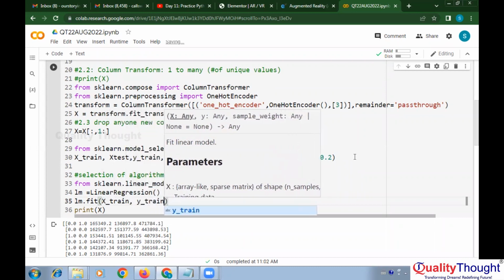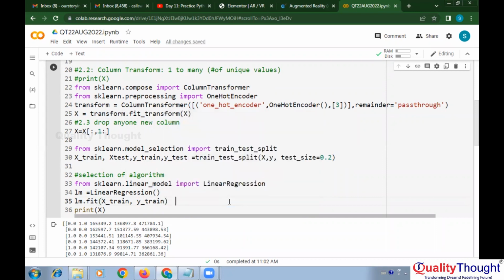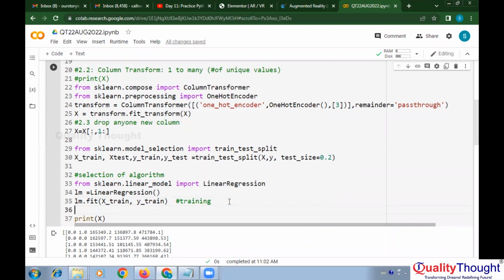I'm saying these are the questions and these are the answers. X train is the questions, and Y train is the output answer. You learn from it. The pattern we are not telling; we are asking the model to learn the pattern. Now the training is done.